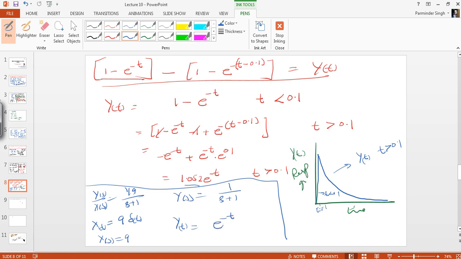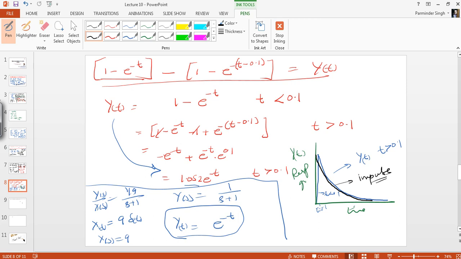So if you see, for the pulse function, y(t) was 1.052 e to the minus t, and for the impulse function y(t) is e to the minus t. It's almost similar. For the impulse function, the plot will be something like this. So this is impulse.